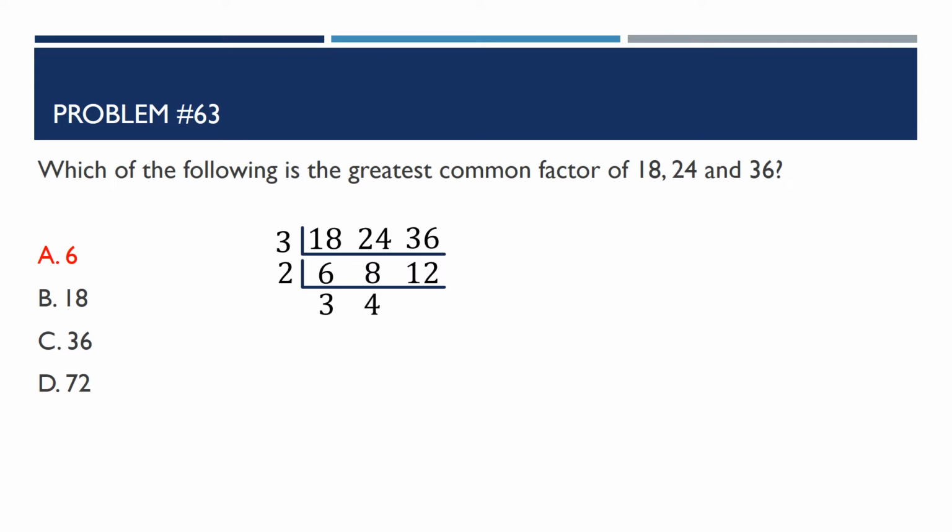And 12 divided by 2 is 6. Since there are no more common divisors for 3, 4, and 6, let's now get the greatest common factor. Unlike the LCM, where we multiply all of those, here in GCF we just multiply the ones at the left, which are 3 and 2. So 3 times 2 is 6, and so the greatest common factor is 6.